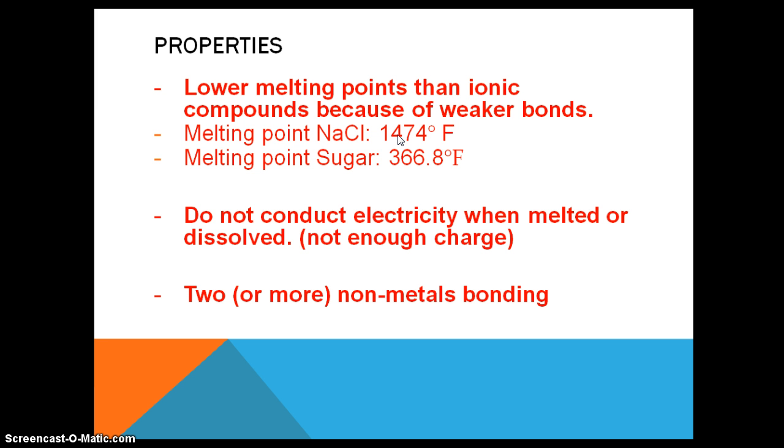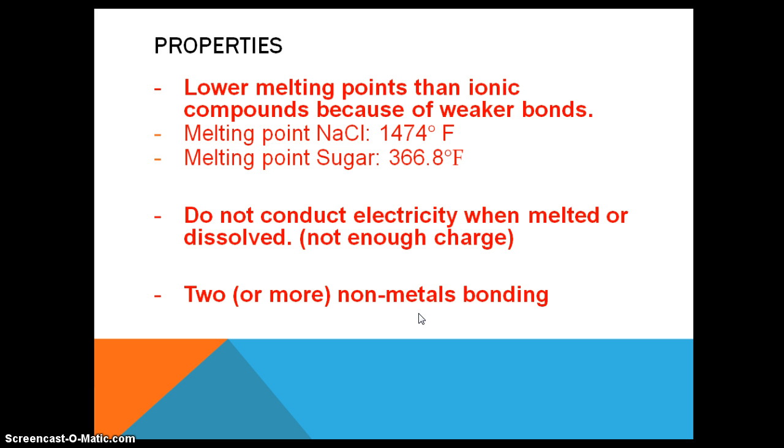With ionic compounds, we've given up electrons to create a charge, and when we pull those structures apart, we're left with those charged particles, and that's why we can conduct electricity. But that's not the case with covalent compounds, because we're putting together 2 different nonmetals in a different way than we do for ionic compounds.